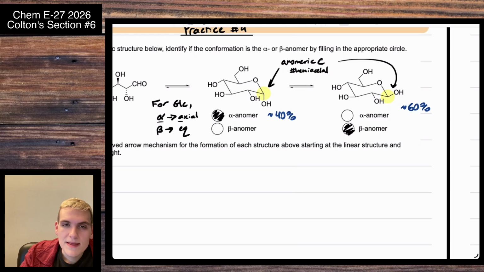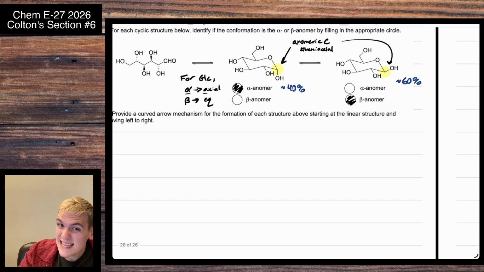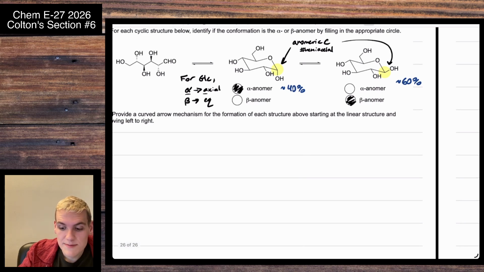And you might be like, oh, okay, that makes sense. Equatorial is more stable, right? So it would prefer the equatorial more. And that is true. But really, if we prefer it in equatorial and we have each choice, why isn't it like 90%, 10%? Why do we have so much alpha anomer?